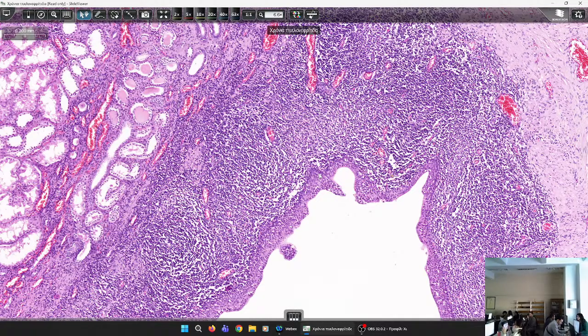But I want you to understand where it all starts, where inflammation begins, because it begins at this site of the kidney.